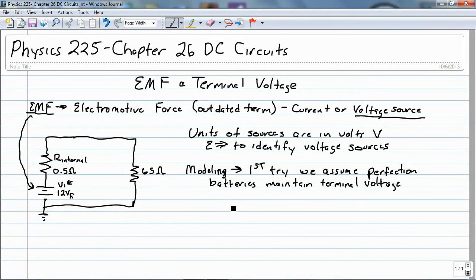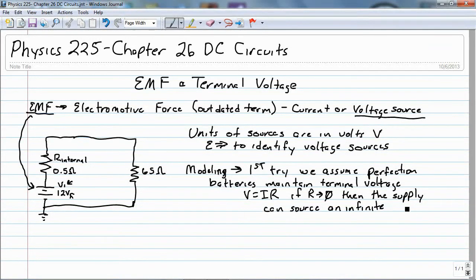Which, when we talk about Ohm's law, we have V equals I times R. What they're saying is that if this resistance R goes to 0, then the supply can source an infinite current.